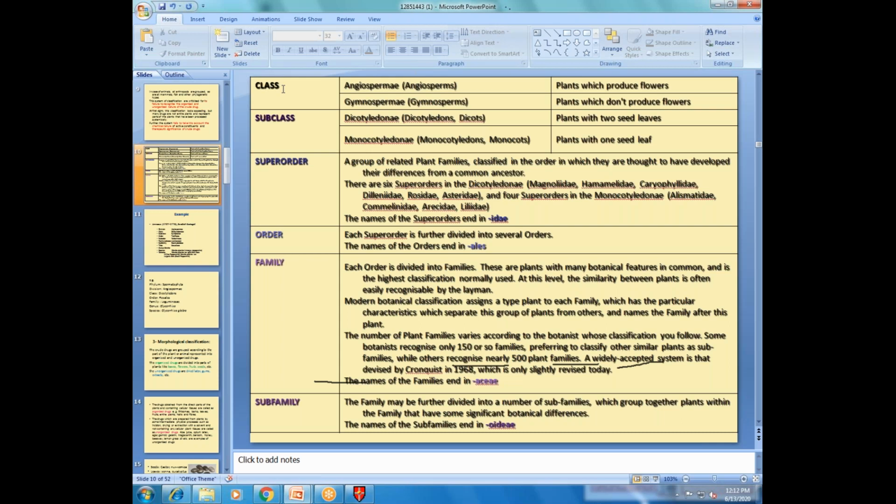The most important for us is the family. Each order is divided into families. These are plants with many botanical features in common, and it is the highest classification normally used. At this level, the similarity between plants is often easily recognizable by a layman.